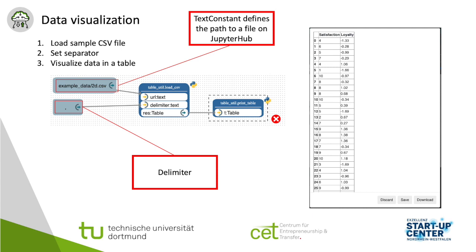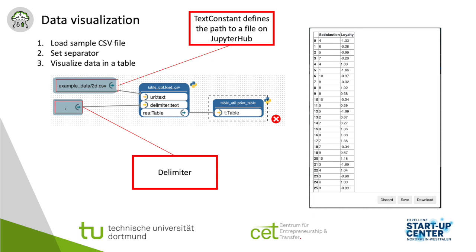Therefore, the previous file path constant must be deleted via the red X and replaced with a text constant. The value of the constant should be set to example_data/2d.csv. The JupyterHub provides several examples to illustrate the workshops.